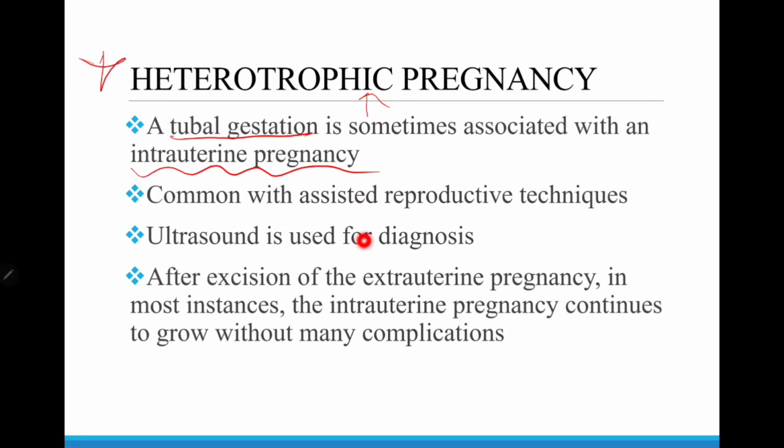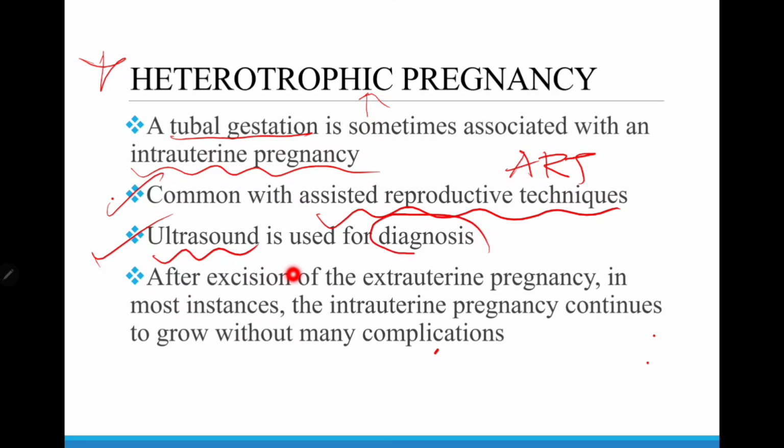Common with assisted reproductive techniques. Very important point, it is common with assisted reproductive techniques. And ultrasound is used for diagnosis here. So what is used for diagnosis? Ultrasound is used for diagnosis.